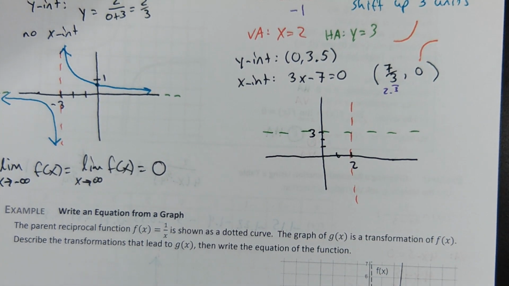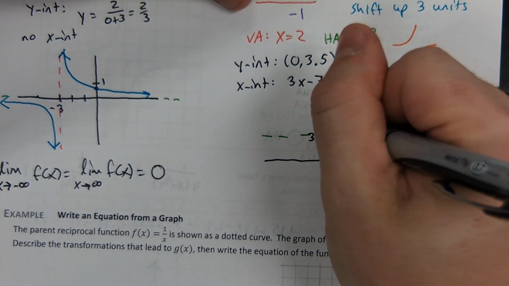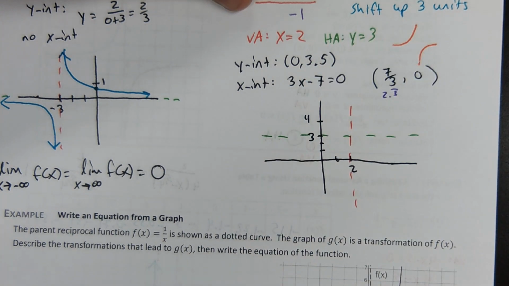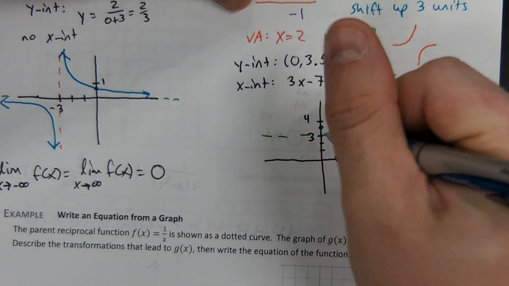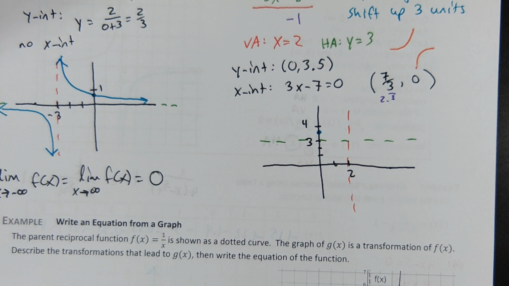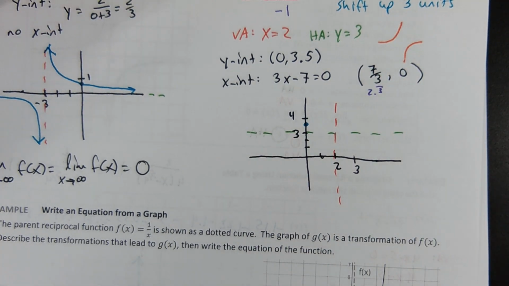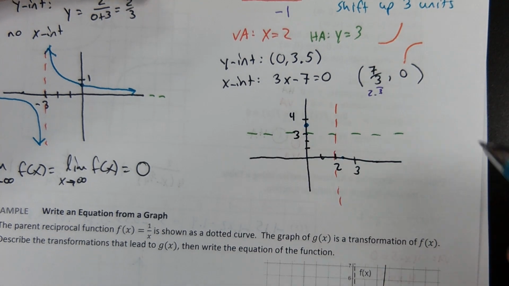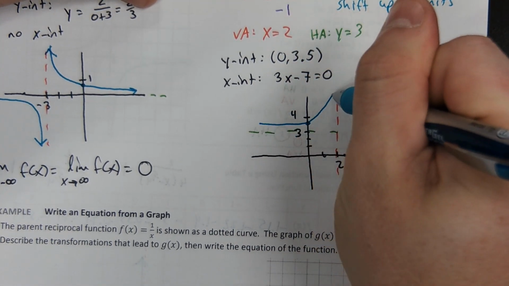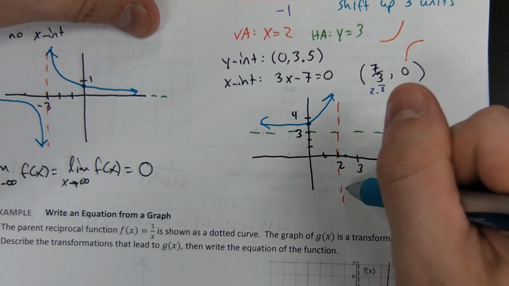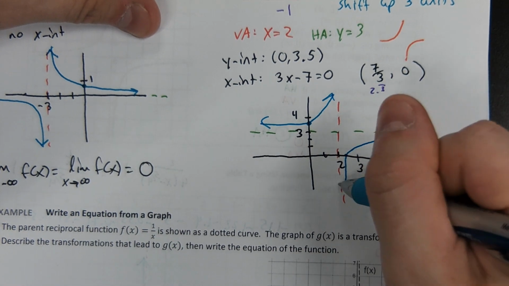We said our y-intercept is at 3.5. And we said our x-intercept is at 2.3 repeating. That tells us that our graph looks like this. Ta-da.